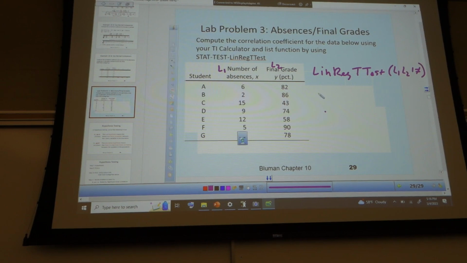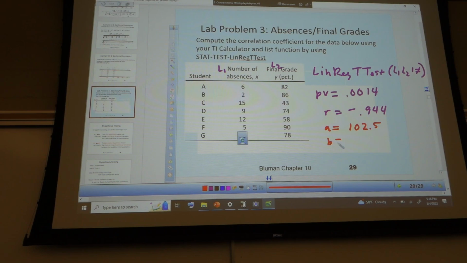So then you ended up with a p-value of, what was your p-value? 0.0014. Great. And then your R was negative 0.944. Yeah. Great. And then you also had an A and a B. What was your A? 102.5.